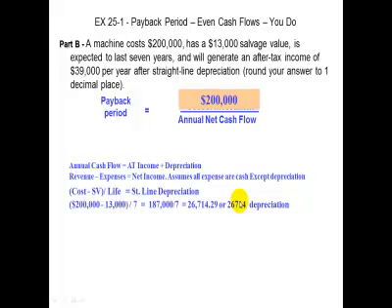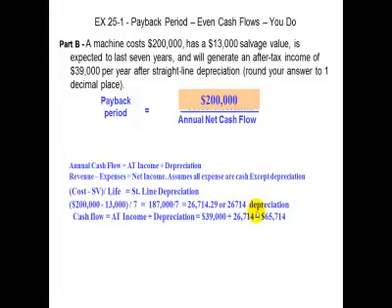The calculation for depreciation is going to be the $200,000 cost minus the salvage value of $13,000, which is 187,000, divided by 7 years, which is 26,714.29, and I think they want you to round to whole numbers here, which is 26,714.